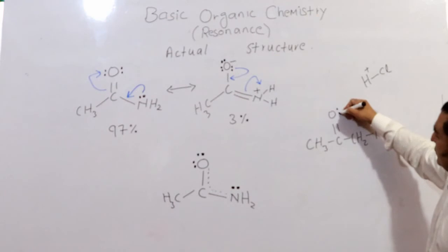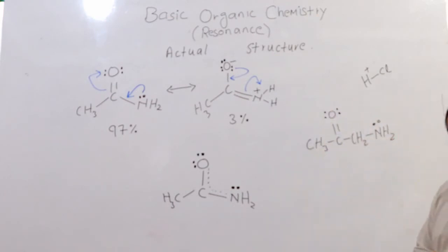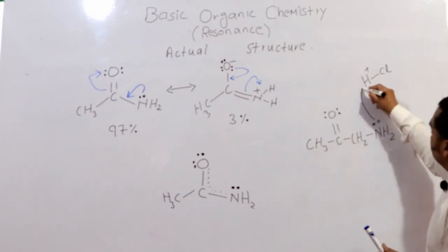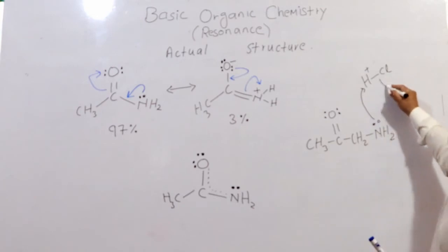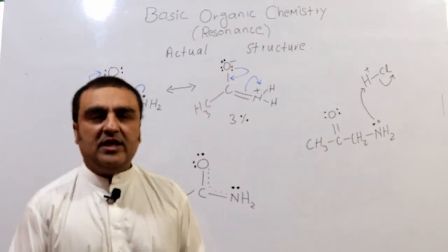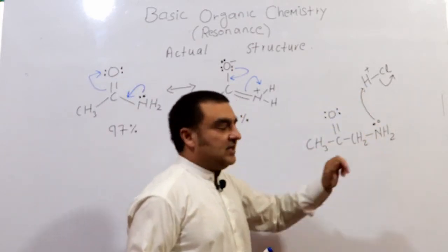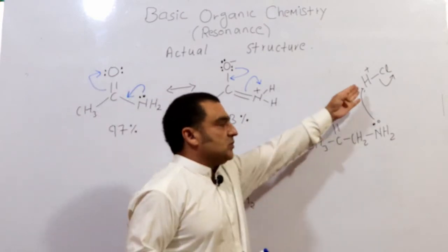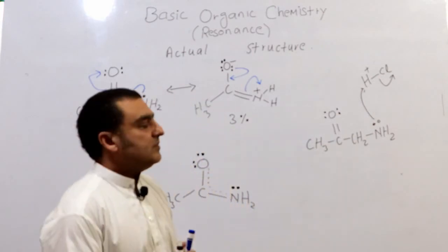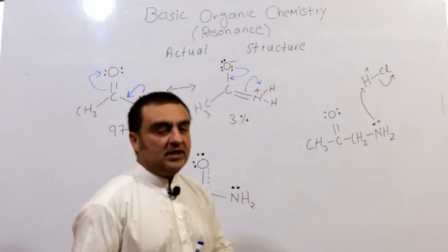There is a competition between those two lone pairs or non-bonding electrons, but as you know, nitrogen is more basic than oxygen, so this nitrogen will take the hydrogen, the acidic proton. The oxygen will not take the hydrogen, because nitrogen is much more basic than oxygen.